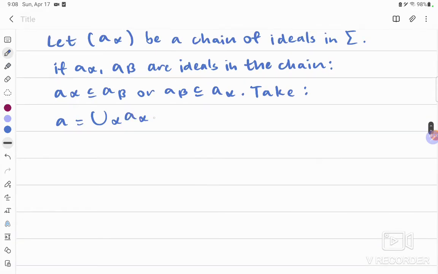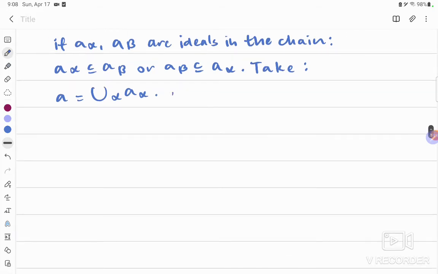Now the first thing we want to show, which is not immediate, is that this is going to be an ideal itself, so that A is an element in sigma. How would we go about that? We want to show it's closed under addition, and closed under scaling with respect to scalars in the ring.